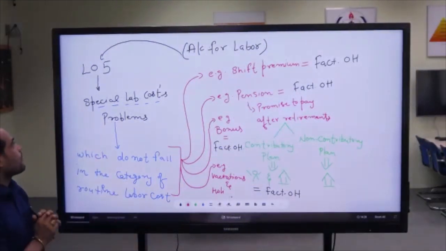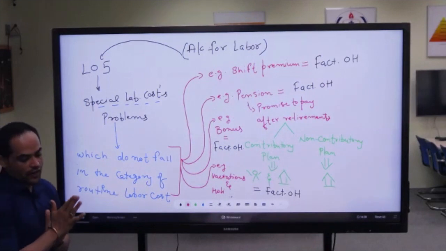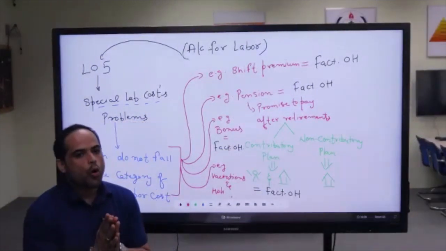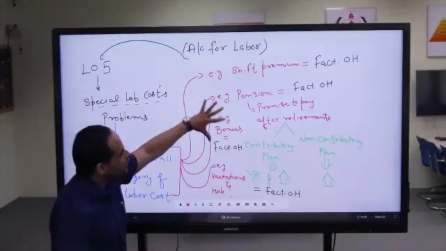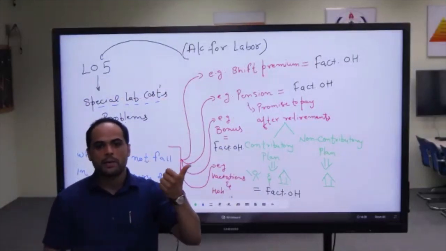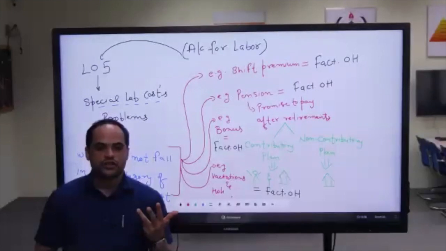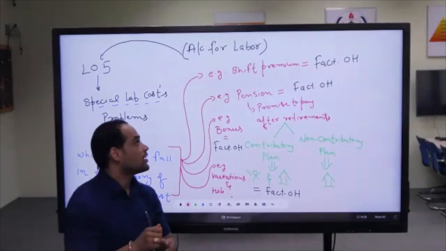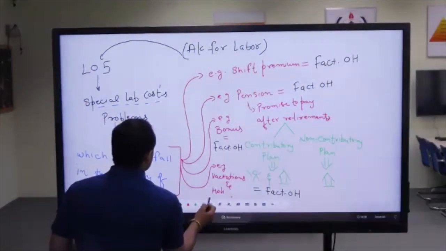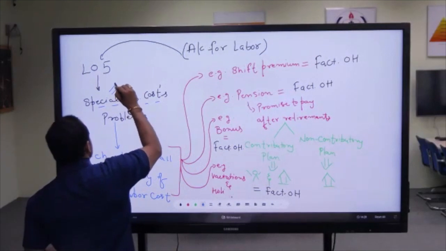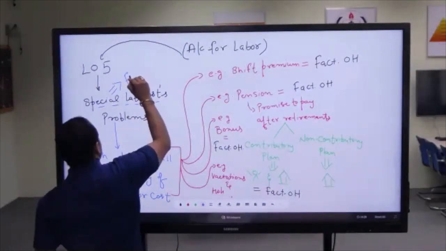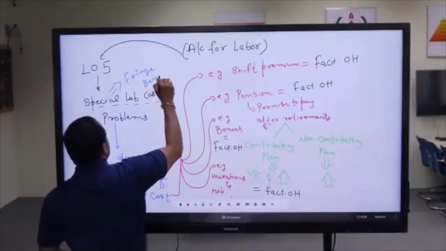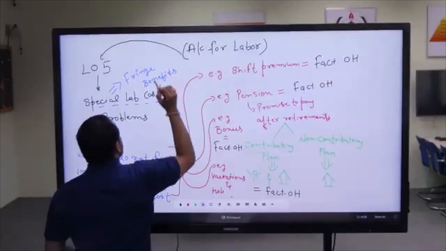So that's the idea of learning outcome 5. Now there is another name for such special labor costs, which means shift premium, pension, bonus, vacations. We also call it fringe benefits.